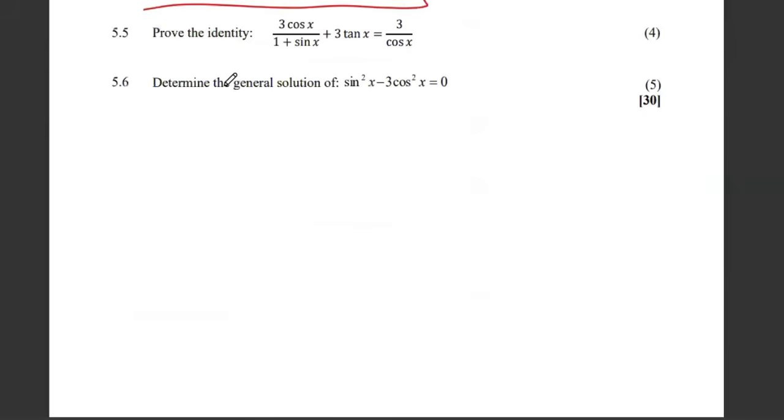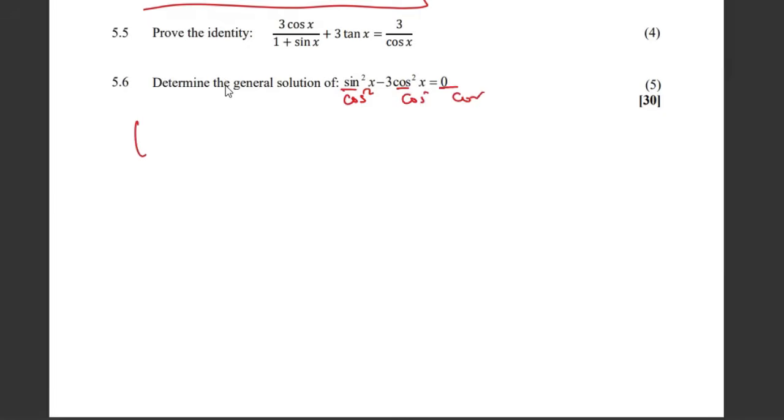And then 5.6, they want us to determine the general solution of this. So with this general solution, step number 1, since it's a solution that's made up of different ratios, we can create a tan. So divide through by cos squared, over cos squared, over cos squared, over cos squared.